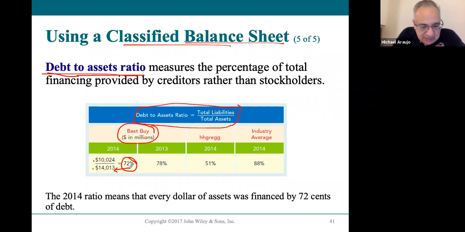Okay. 72% of the assets are financed with debt. Now, these are 2014 numbers. When you look at where Best Buy was the previous year, it was 78%. So bringing this number down to 72% is good for its solvency ratios. Okay, it means it's relying less on debt to buy its assets.